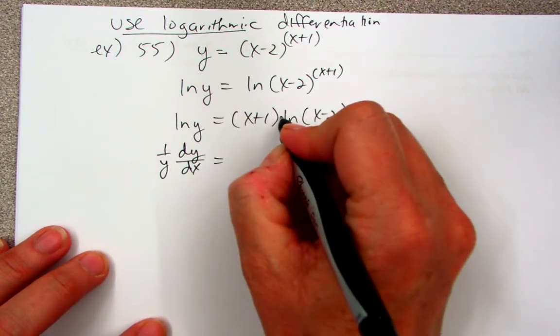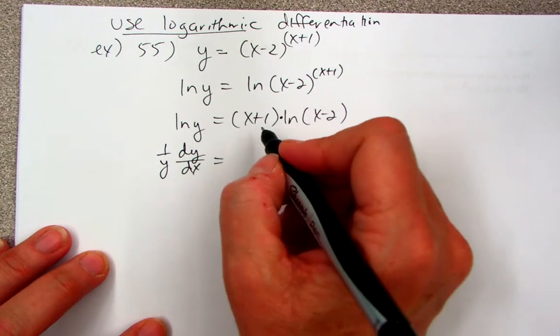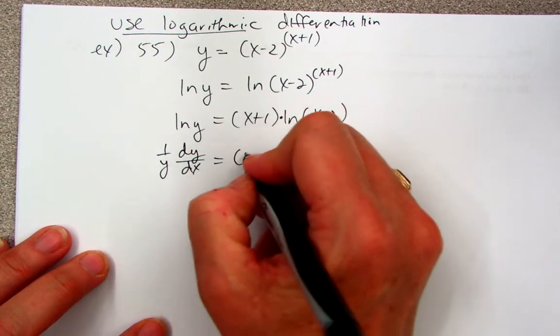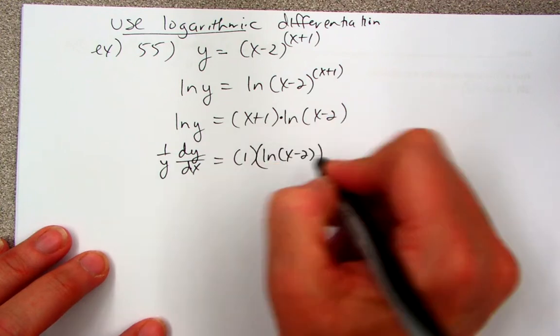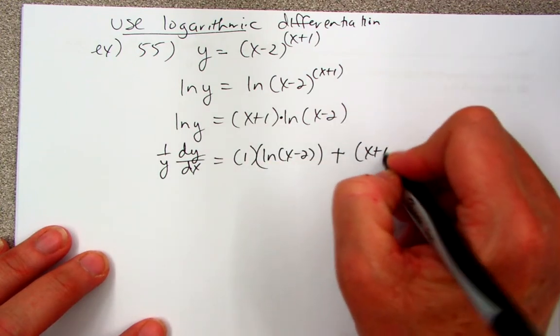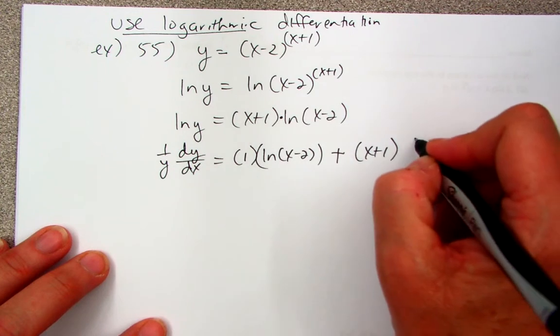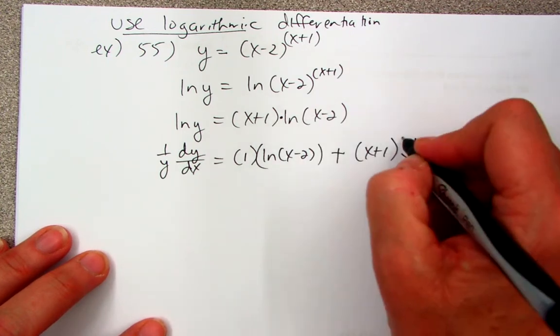And on this one I'm going to use the product rule because there's a variable here and a variable here, so there are two separate functions. The derivative of the first function is 1 times the natural log of x minus 2, plus, leave the first one alone and take the derivative of the second one, which is 1 over x minus 2 times the derivative of this, which is just 1 also.